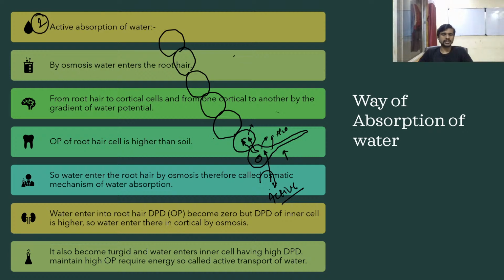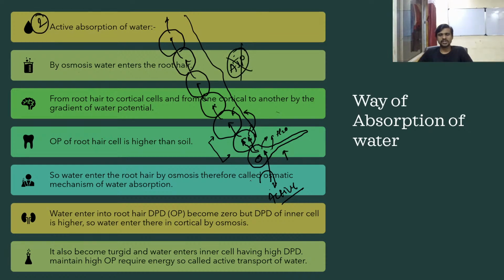It's a difference in diffusion pressure between two cells. This cell has less water as compared to this cell, so because of that water is now entering into this cell. Now this cell again has less water, and in this way water is moving toward the top of the plant. But in this process, there is no requirement of ATP.